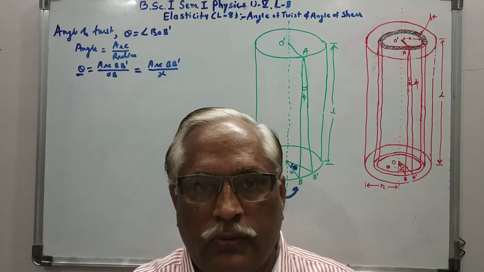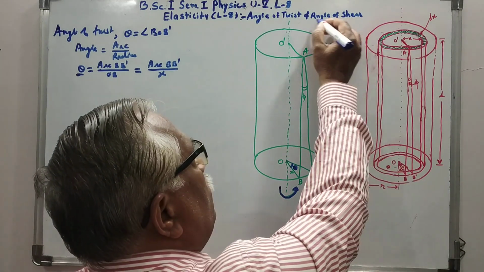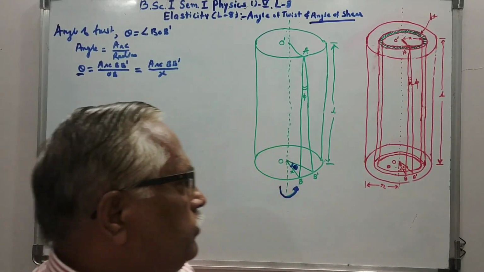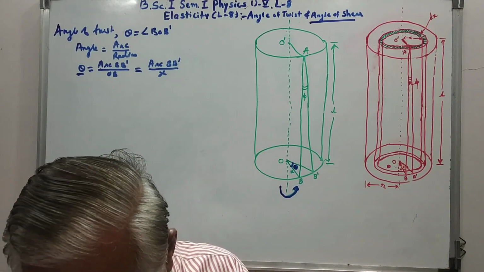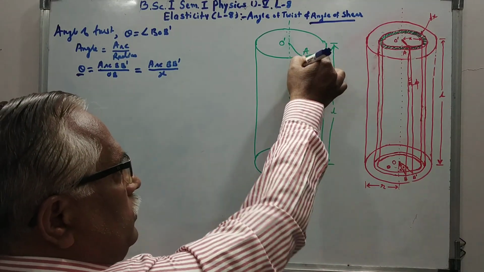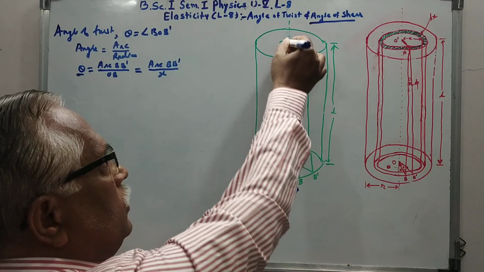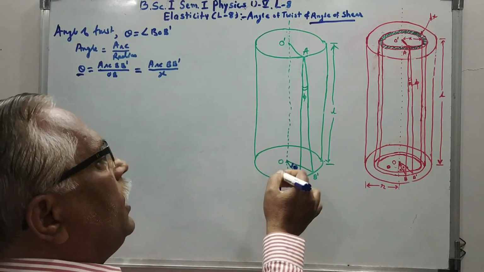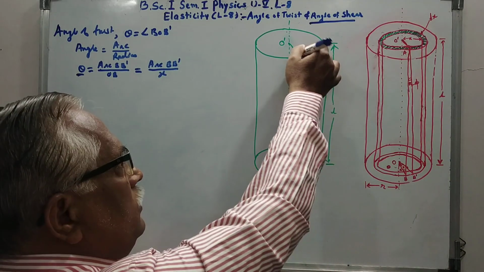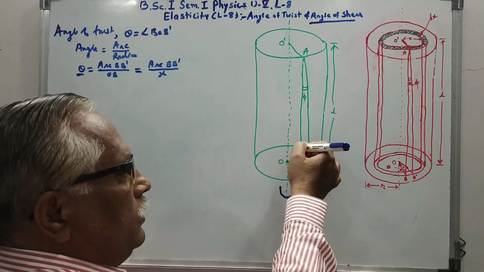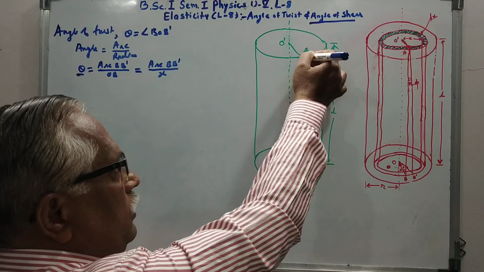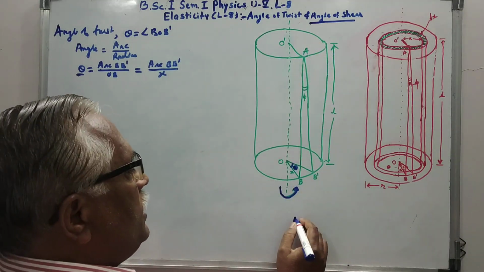Now let us discuss the angle of shear. Due to the twist produced at the lower end by means of an external torque, the line AB, which was initially parallel to the axis of the cylinder OO dash, on the surface or rim of the cylinder, gets displaced through some angle phi to a new position AB dash.